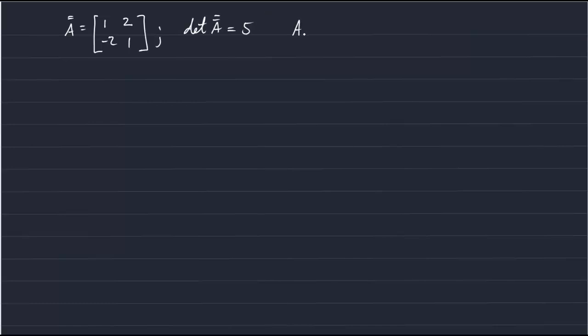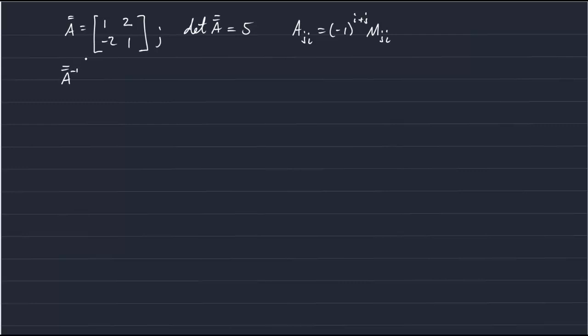And remember that the j-ith cofactor is equal to minus 1 to the j plus i power times the determinant of the submatrix with the j-ith column removed.